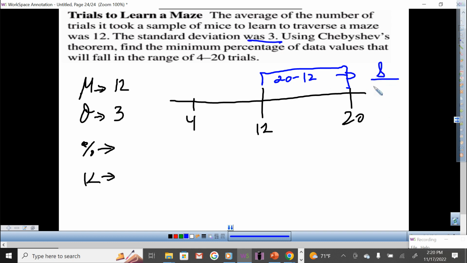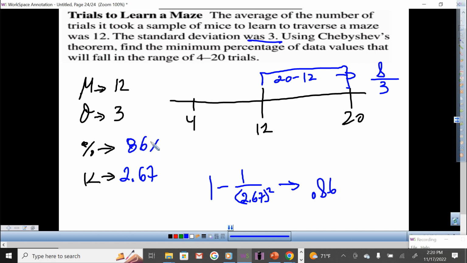And we're going to divide that by 3, and that gives us K, yes? So K was what? 2 point what? 2.67. And then from there you use 1 minus 1 over 2.67 squared. And that's going to give us a percent, yes? What's the decimal of that? 0.86, so therefore this is 86% from here to here, 86%.